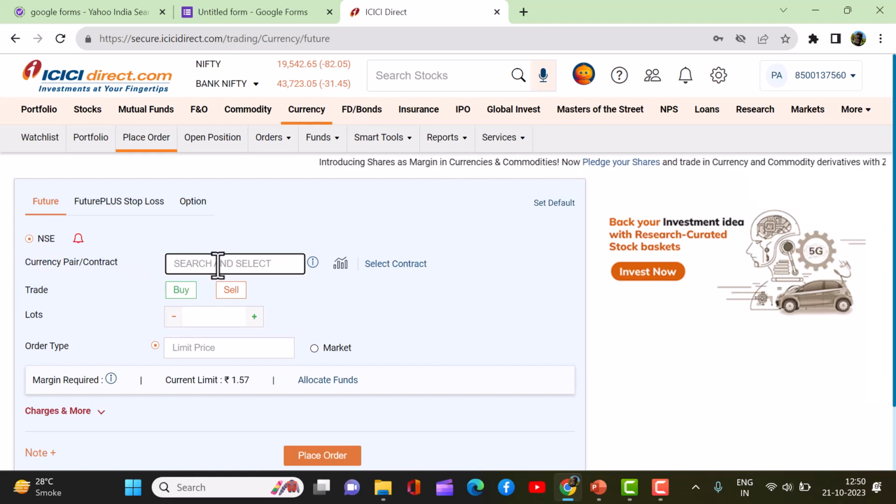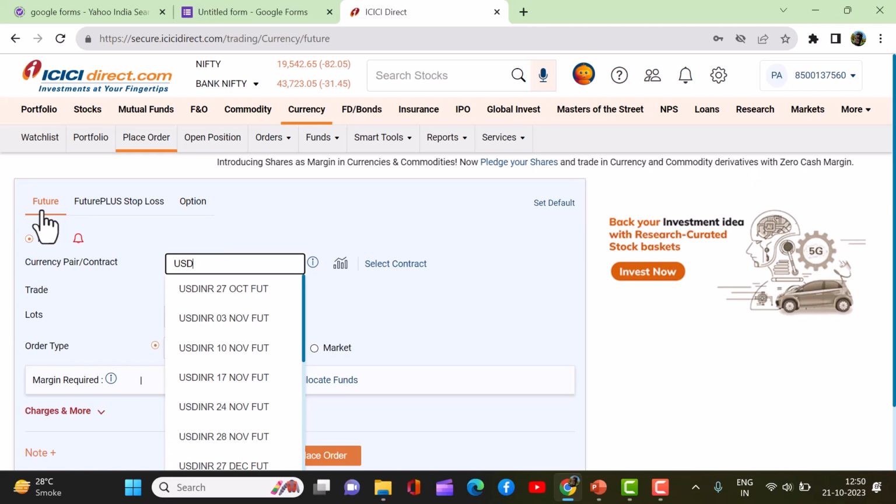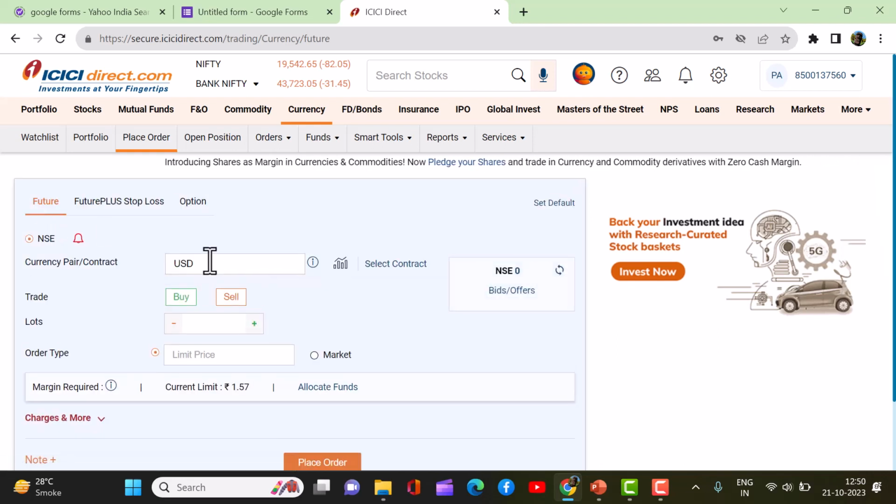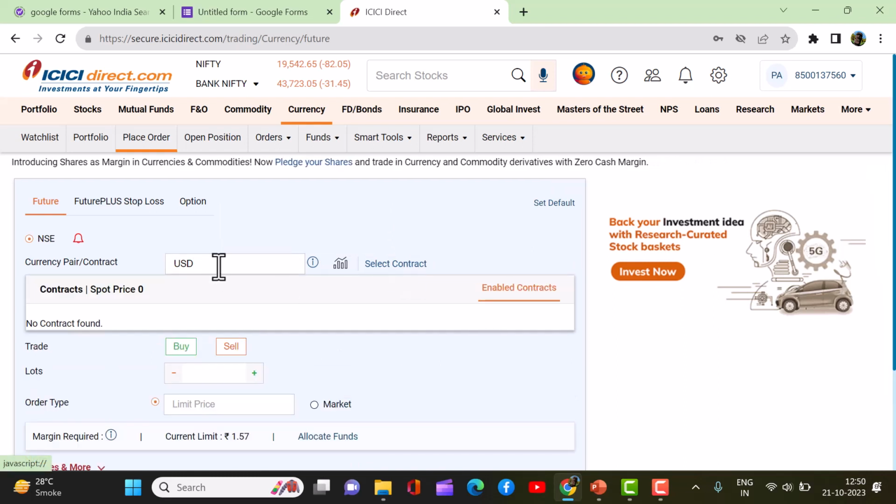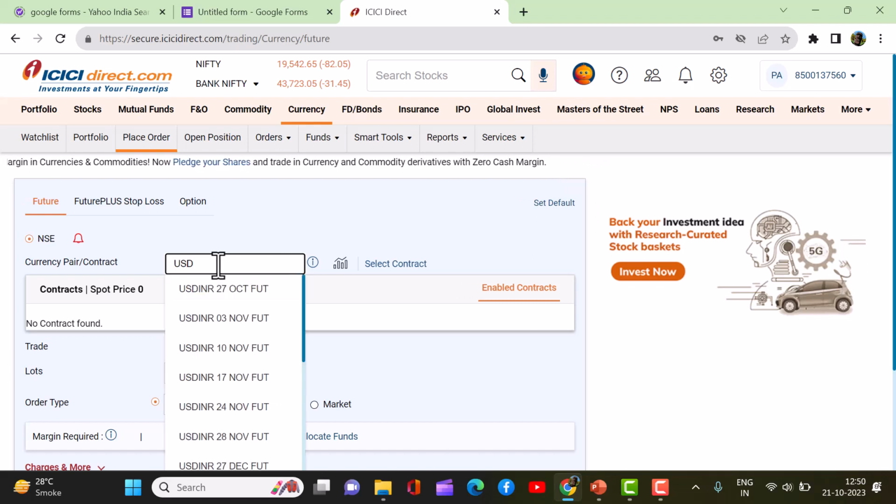So here you choose the contract. So you say USD. Then you say contract. See, you put USD, INR, first four letters, you will get the contracts at the bottom.